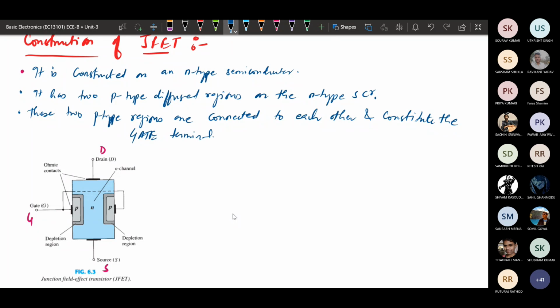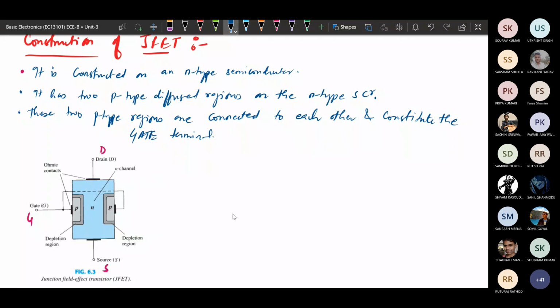So the gate terminal of the JFET is nothing but these p regions, these two p regions connected to each other.